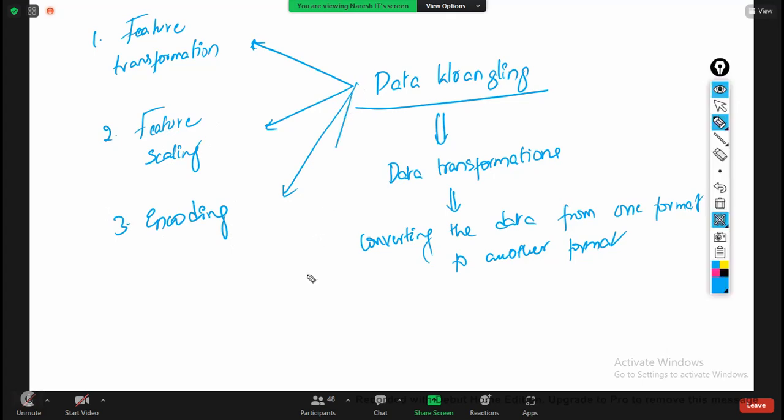And the fourth one is discretization. So data wrangling consists of a total of 4 techniques: transformation, scaling, encoding, and discretization. Now, what is meant by transformation, what is scaling, and everything, one by one. Let us start one by one.